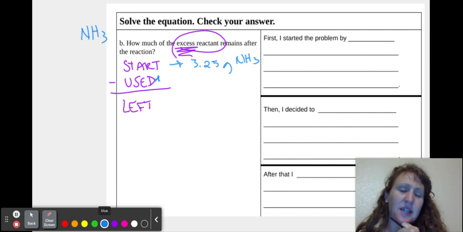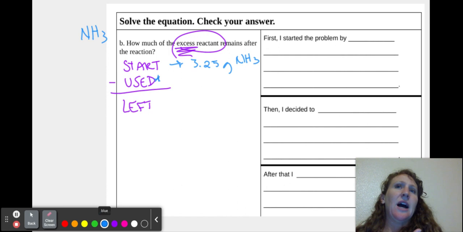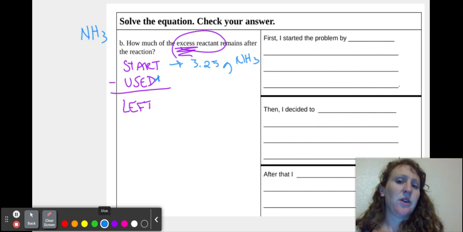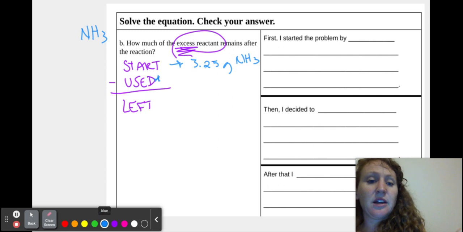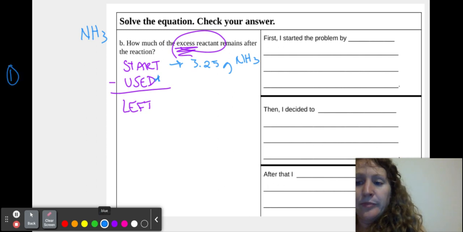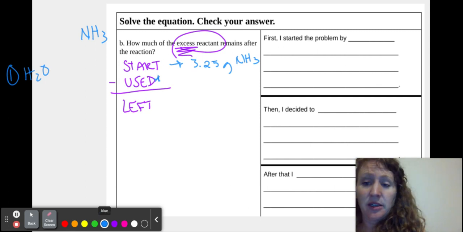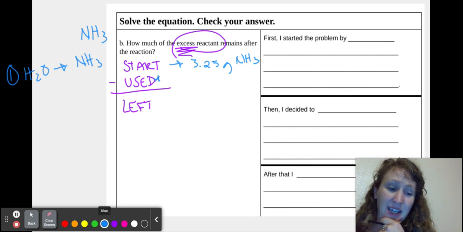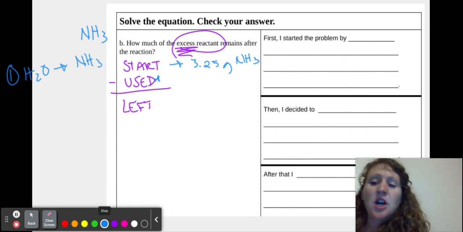Okay, so again, conceptually, how would you figure out how much of the NH3 you actually used? This would be a good time to pause the video and see if you can think that through. So in order to calculate how much NH3 we used, we can do that a couple different ways. We can either go from the amount of water we can actually make to the amount of NH3 it would take to make that amount of water.